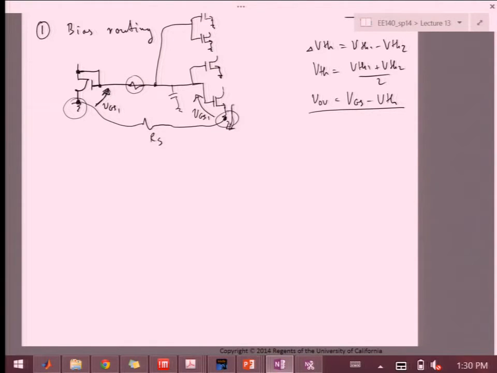And what was this resistor doing there? Yes, it was choking this transistor over here. It was decreasing the current, because it was eating into the total VGS of this output transistor. Okay, so this is obviously unintentional.